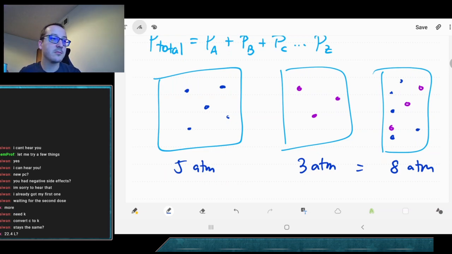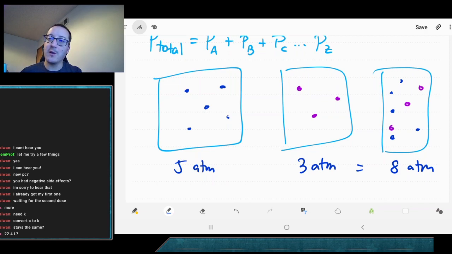It's pretty easy to tell. If we examine each dot as an atmosphere of gas and combine those two samples, we end up with 8 atmospheres, where 3 atmospheres are given by the purple and 5 atmospheres by the blue. So even though each gas contributes its own pressure to the system, overall we can see the total by adding those up.